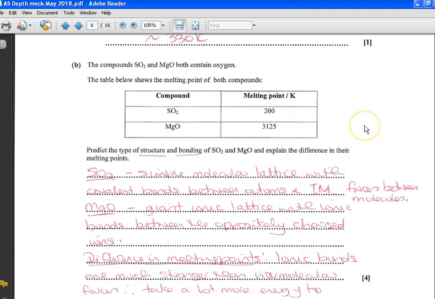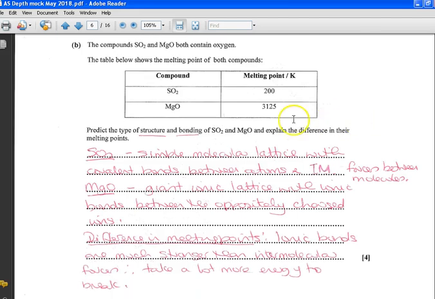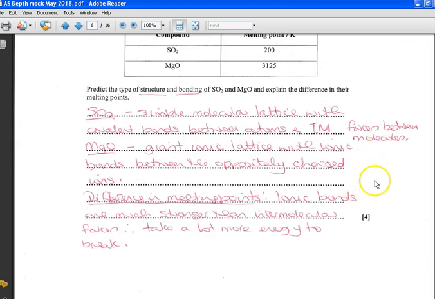And then again, we're doing another comparison here. SO2 and MgO both contain oxygen. The table shows the melting points. Predict the type of structure and bonding of SO2 and MgO and explain the difference in their melting points. So we have simple molecular lattice with covalent bonds between atoms, and intermolecular forces between the molecules.